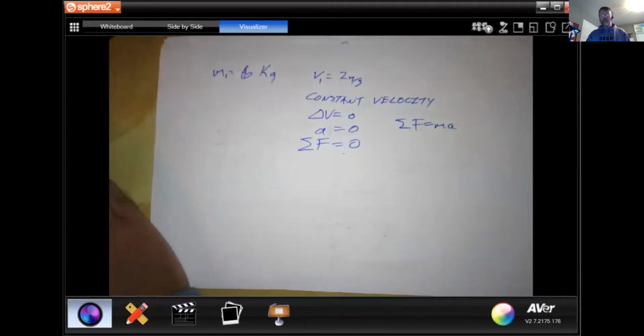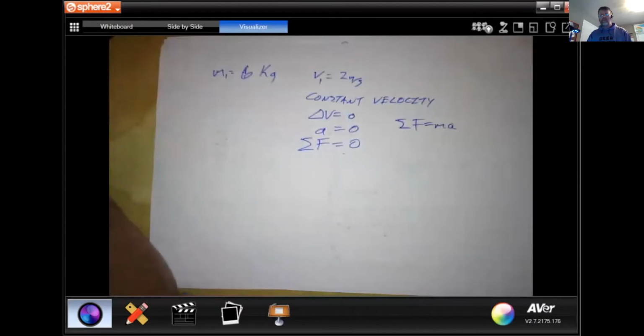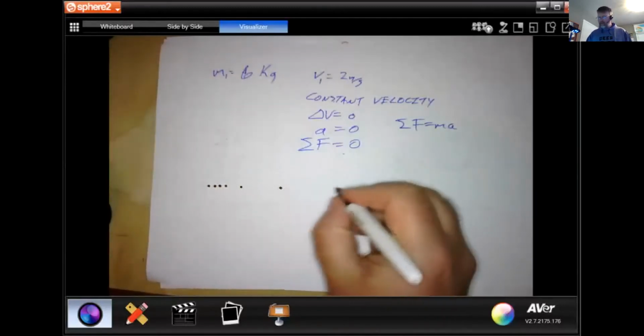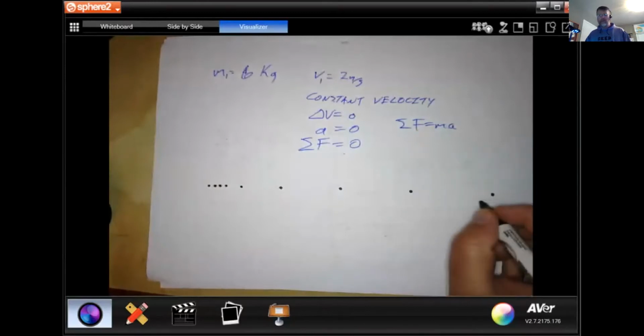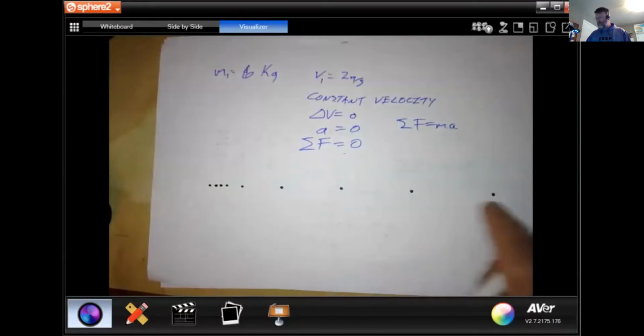Number 2 gave us some different dots here. So let's get over here with the right marker. What we're going to look at is a bunch of dots. If the dots are close together, that's low velocity, and then the velocity starts getting bigger. If we're going from small velocity to high velocity, then yes, we have unbalanced forces.